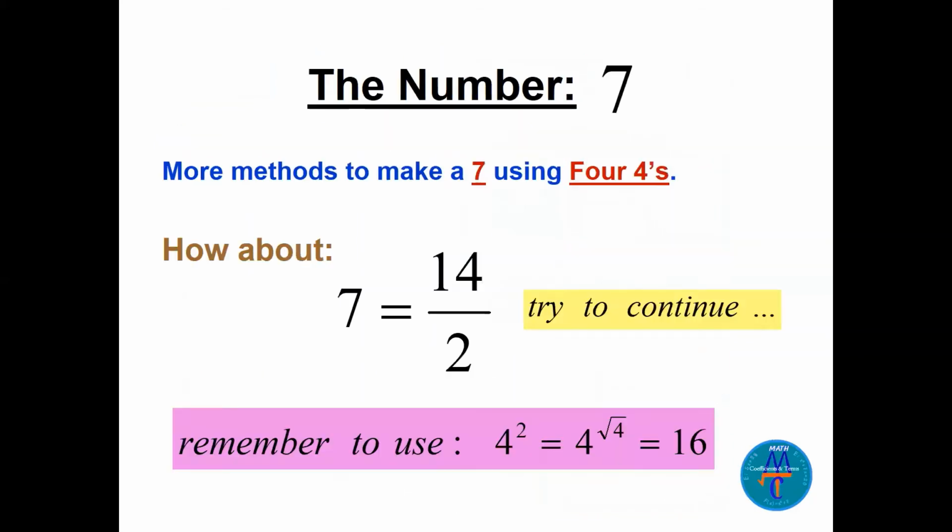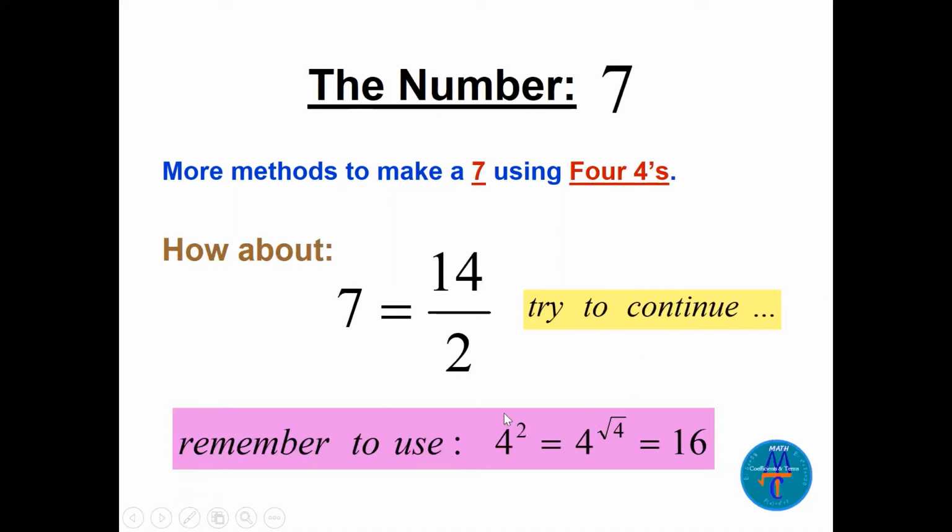Let's see more. Can we think of the 7 as 14 divided by 2? Yes, just thinking, please. 7, I need 7. So 7 is 14 divided by 2. I did not give you the whole steps here.